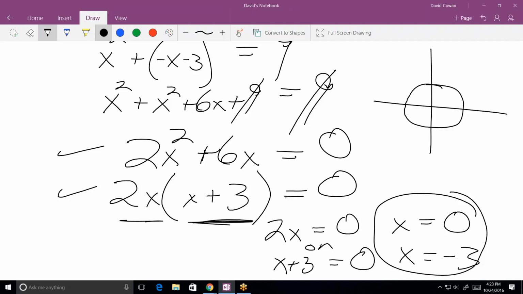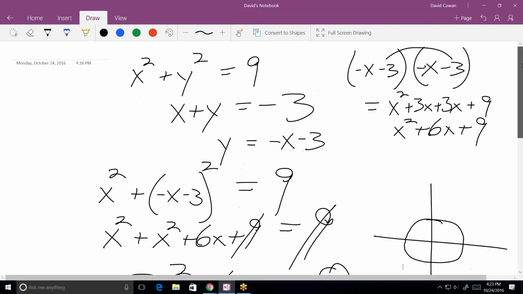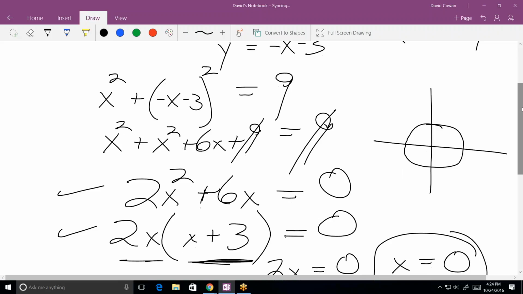Well, here's my circle, and I've got solutions. Let's see, the other part was x plus y equals negative 3. Well, that's a line like this.